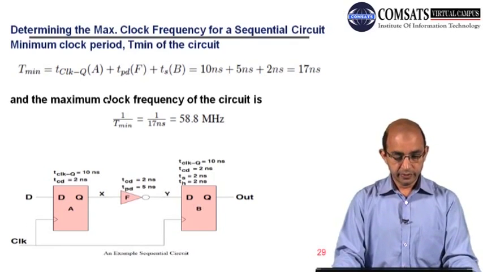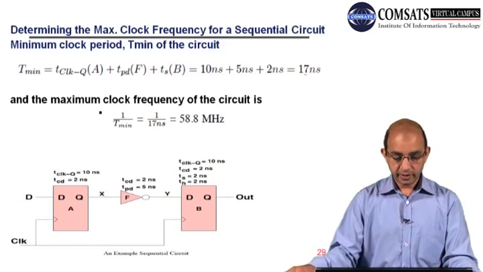This is the propagation delay for this flip-flop, the TPD for this inverter, and this is the setup time. You have seen that we have included the setup time here. So 10 nanoseconds, 5 nanoseconds and plus 2 nanoseconds is a total of 17 nanoseconds.